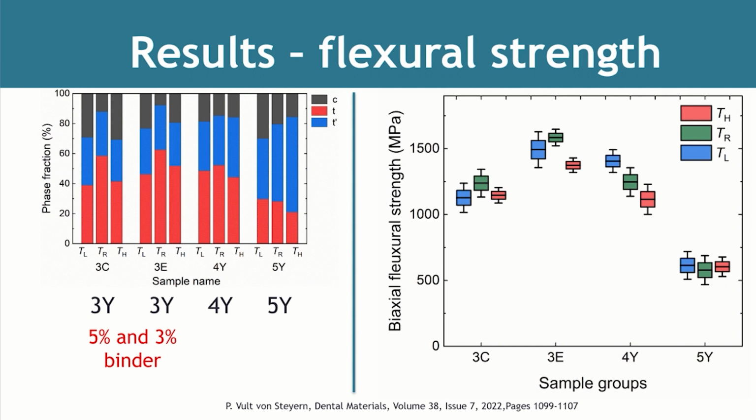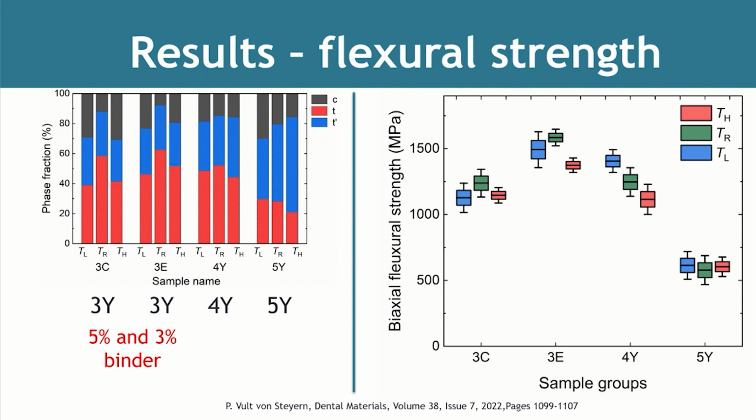For the 4Y material, we see a slope down in the mechanical strength when we increase the sintering temperature, meaning that if you have a furnace that sinters at too high a temperature, you risk reducing the mechanical properties of your material. And finally, we see that for the 5Y, we have the lowest strength, although within the group, the variation of the strength is not significant.